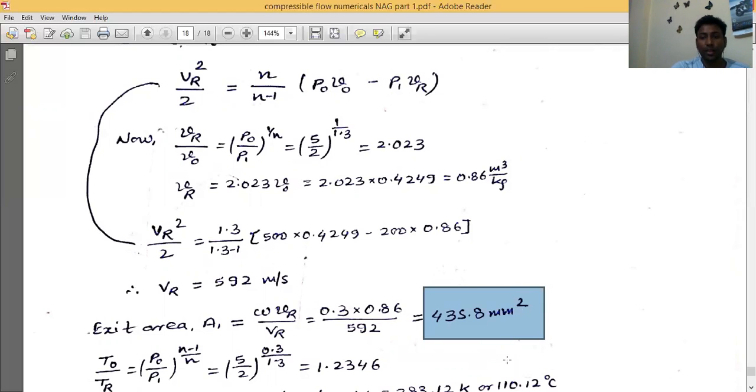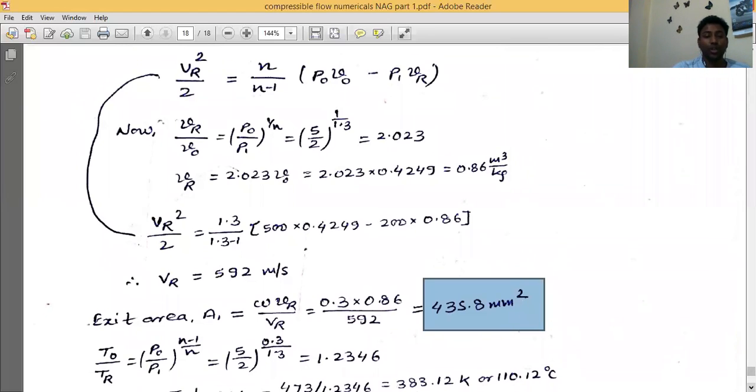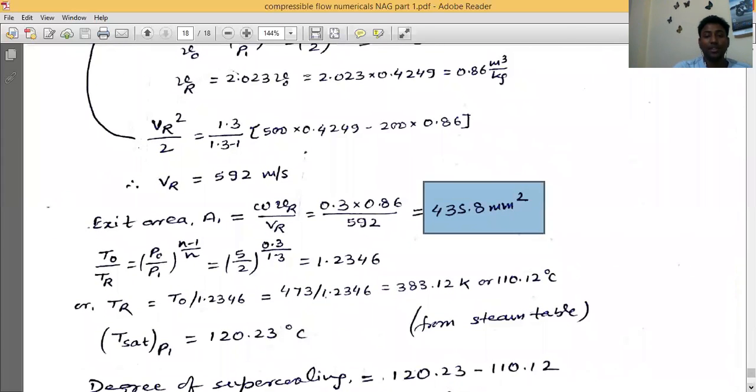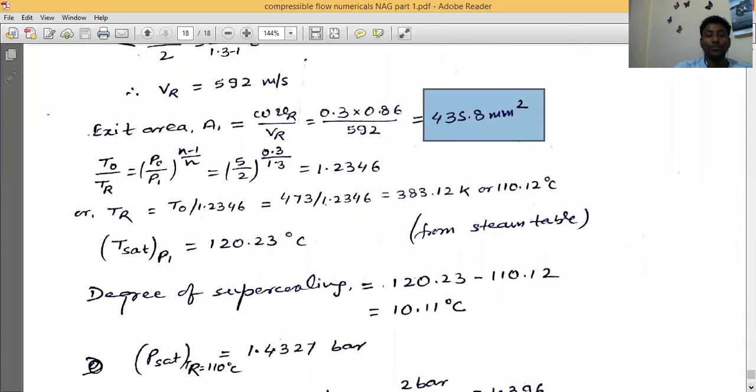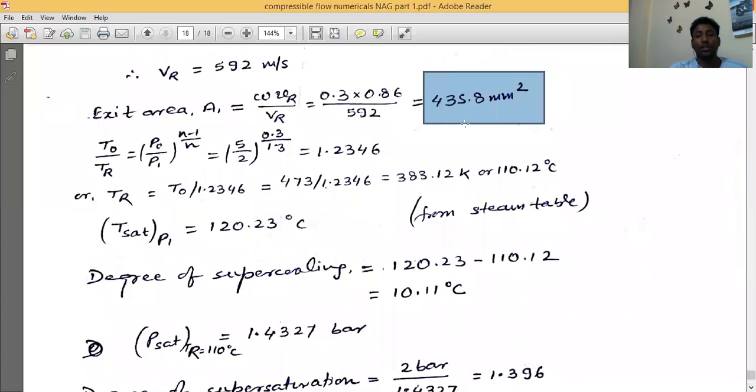Now, the additional two points ask what will be the degree of supercooling and degree of supersaturation. Degree of supercooling corresponds to the temperature difference, that means the actual temperature at the exit and the saturation temperature corresponding to the exit pressure. So, let's calculate both one by one.